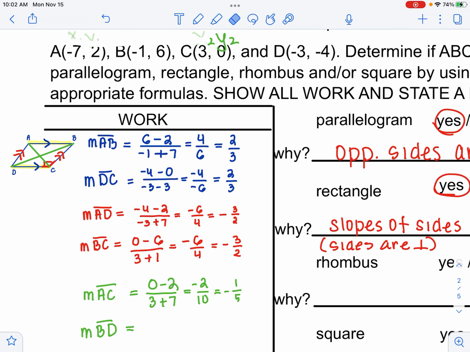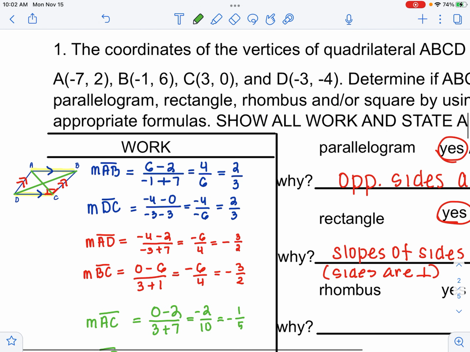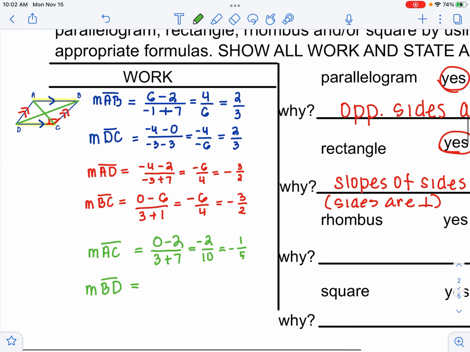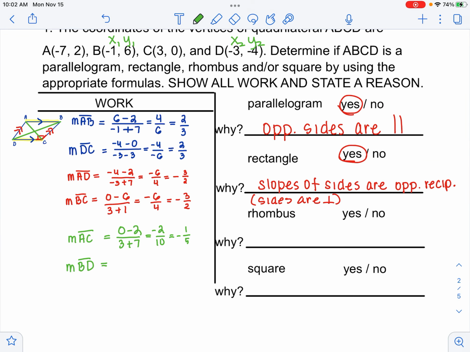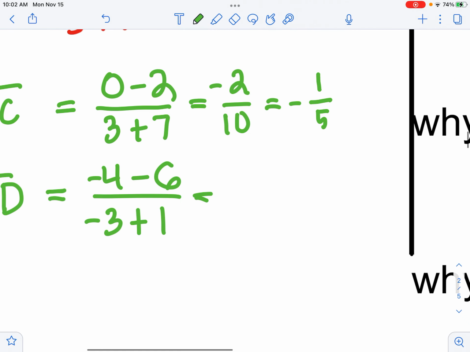Let's check it out. BD, x1, y1, x2, y2. All right, so I'm going to do y2, which is -4, minus y1, which is 6, over x2, which is -3, minus x1, which is -1.